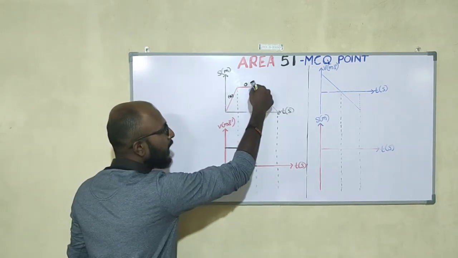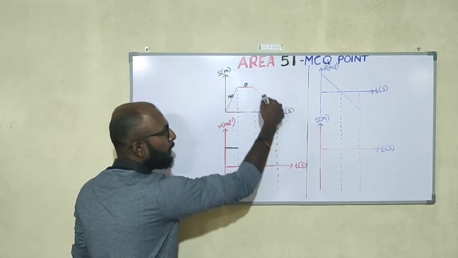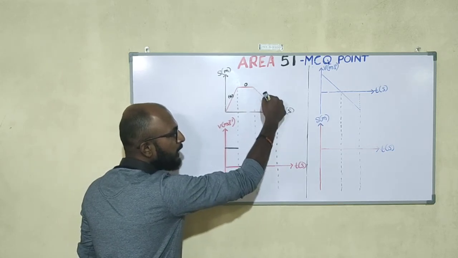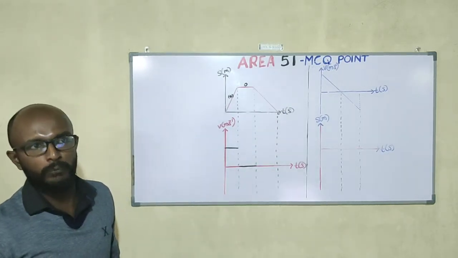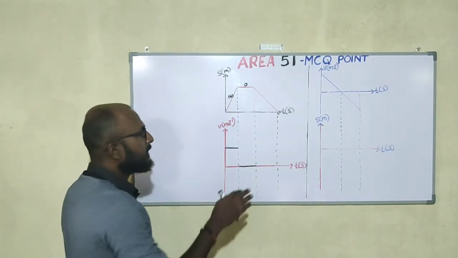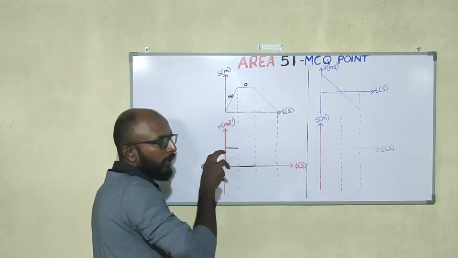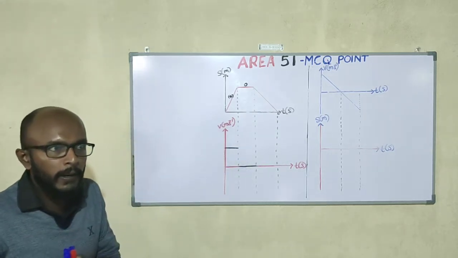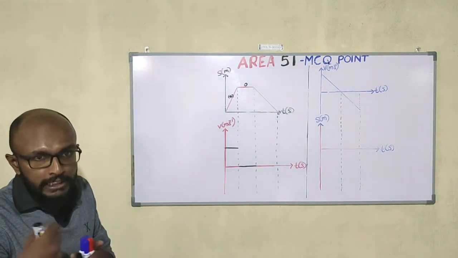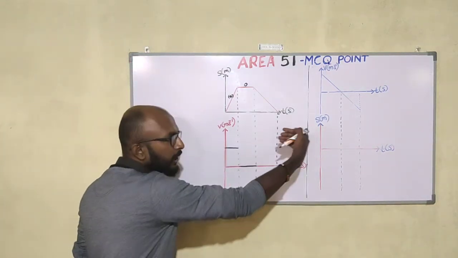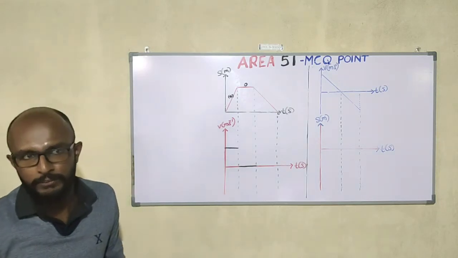And here in the final part, the displacement is decreasing again back to 0. Okay, that means if we are taking the real incident, the vehicle should change its direction to the opposite direction.